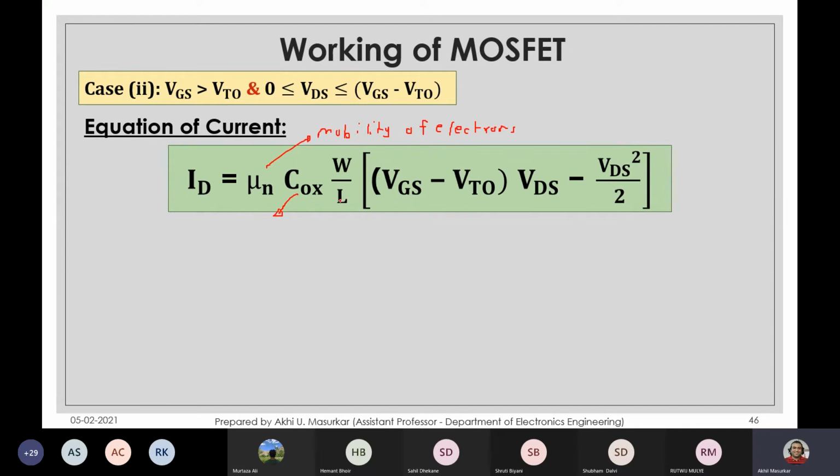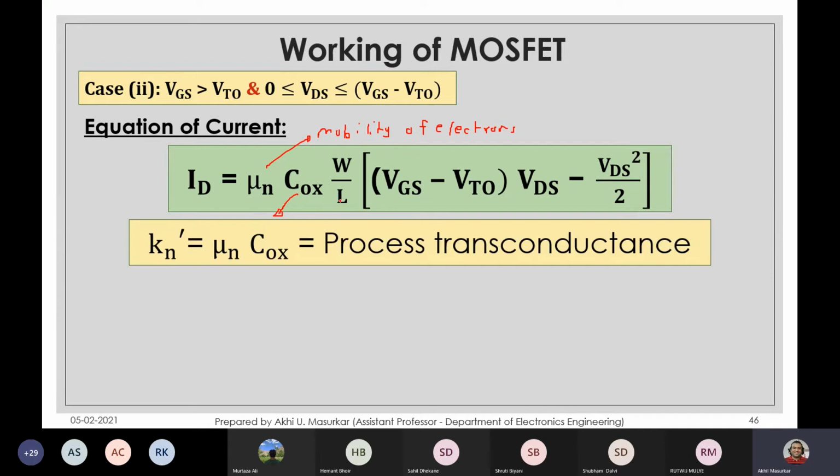Now out of this, if I multiply only mu and COX, that part is called the process transconductance. It does not involve the W by L factor.